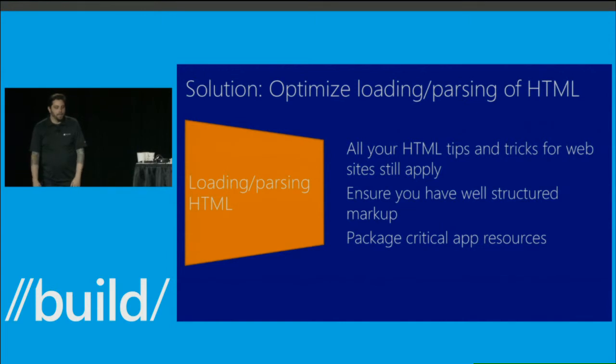No. During the pipeline, the HTML is parsing, and when the HTML parser encounters either a script tag or a style tag, it's going to context switch and start parsing CSS or JavaScript. During startup, like I said, every millisecond counts, and those context switches can add up. You really need to make sure you've structured your markup in a way that's optimized for the HTML parser, because you can actually leverage that initial parsing.